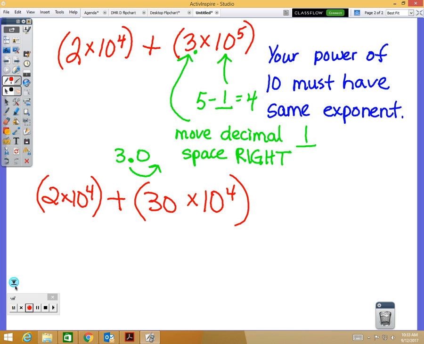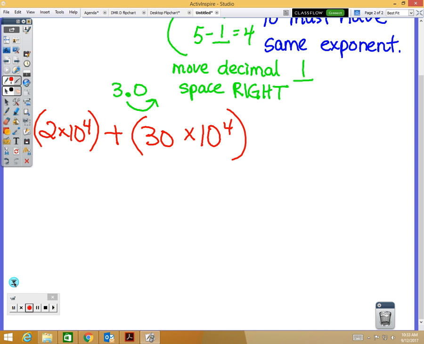All right, I'm going to scoot up a little bit because this now is my new problem. So the next thing that I can do, now that my base 10 powers are the same, is add the numbers that are in front of that multiplication sign. So I'm going to add 2 plus 30, which is 32.